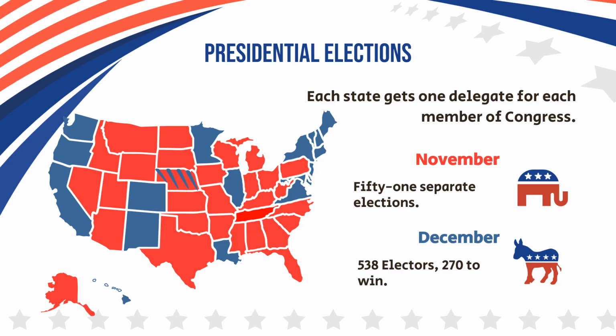Maine and Nebraska have taken a different approach. Using the congressional district method, these states allocate 2 electoral votes to the candidate who wins the state's popular vote overall, to the candidate who gets more votes in that state than anyone else.